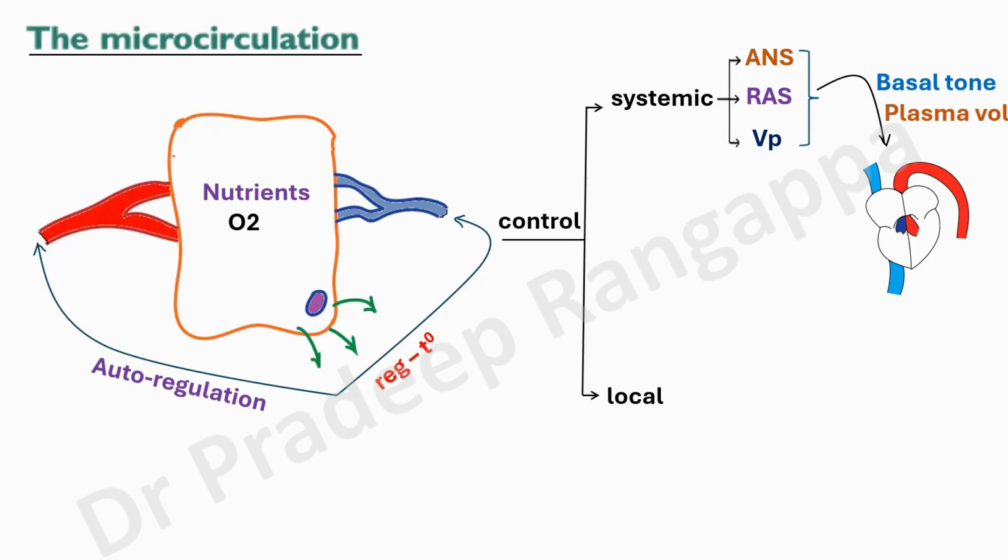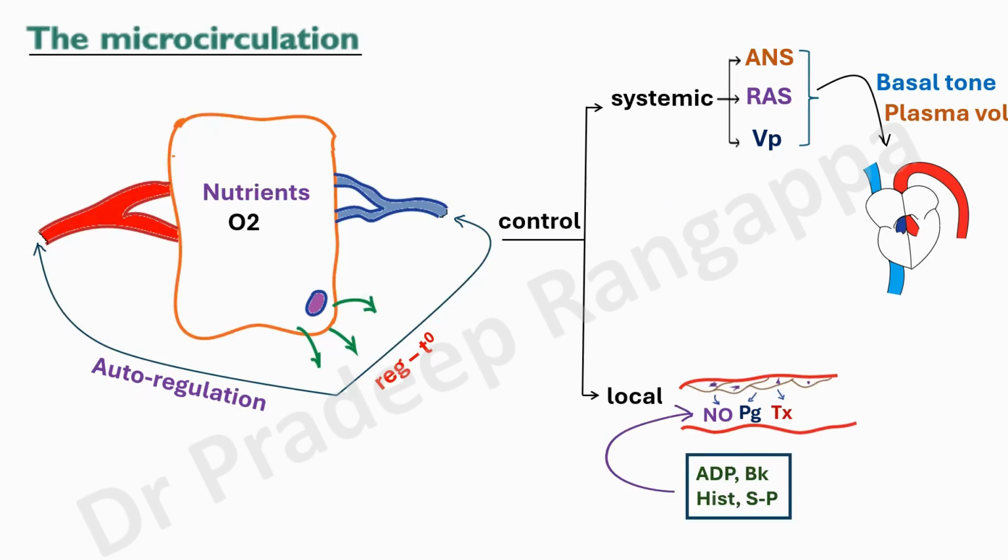The whole microcirculation homeostasis is maintained by systemic factors and local factors. Systemic factors are the autonomic nervous system, the renin-angiotensin system and vasopressors. The local factors are sometimes more predominant, and I'm sure most of you know what they are. Local factors are certain chemicals produced by the endothelial cells in the blood vessels, predominantly nitric oxide, which is a potent vasodilator, prostaglandins, and thromboxanes.